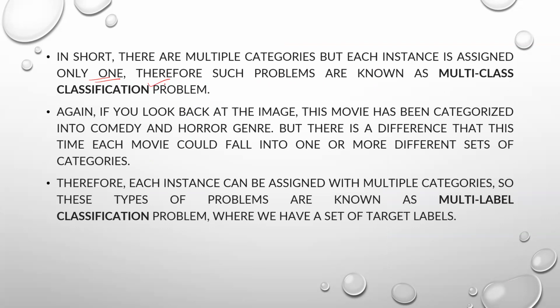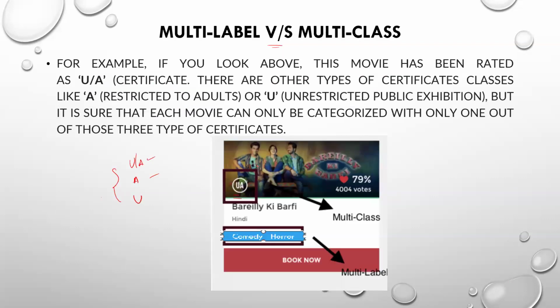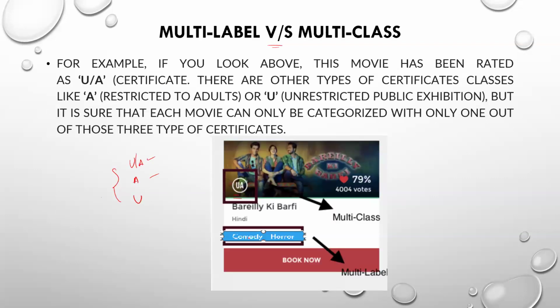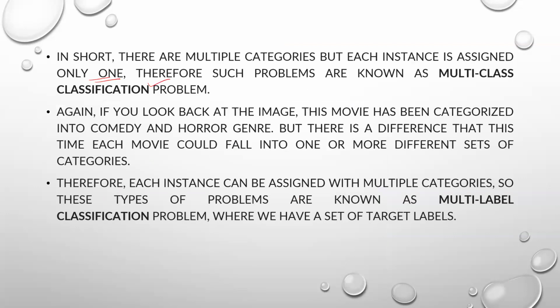Again, look back at the same image here. This movie has been categorized into comedy and horror. But there is a difference: this time each movie could fall into one or more different categories. When you have watched a movie, if I ask how was that movie, maybe you'll answer that it is horror as well as comedy, or comedy plus sentiment. We can't give a single answer; we'll give more than one.